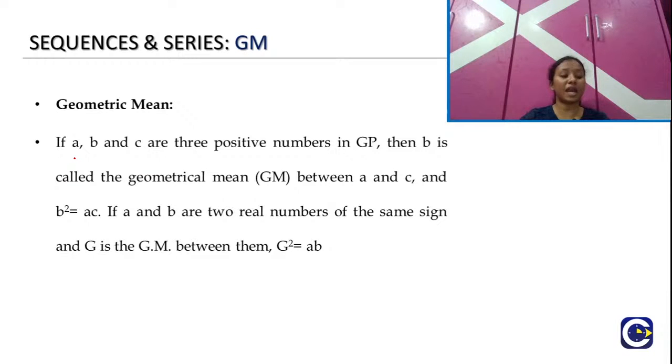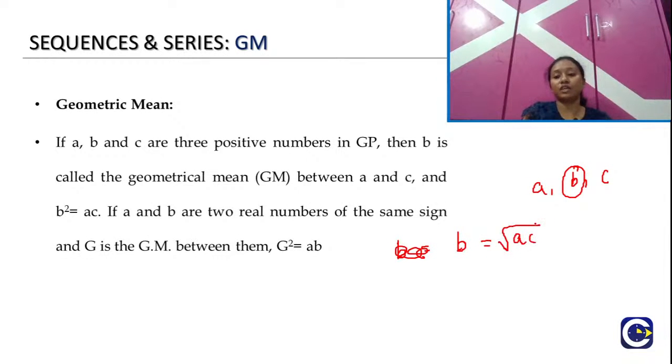If A, B and C are three positive numbers in GP, then B is called the geometric mean between A and C. So if we have A, B, C, three positive numbers in a geometric progression, then B is called the geometric mean of this progression, which is in between A and C, and that is given by root over AC.